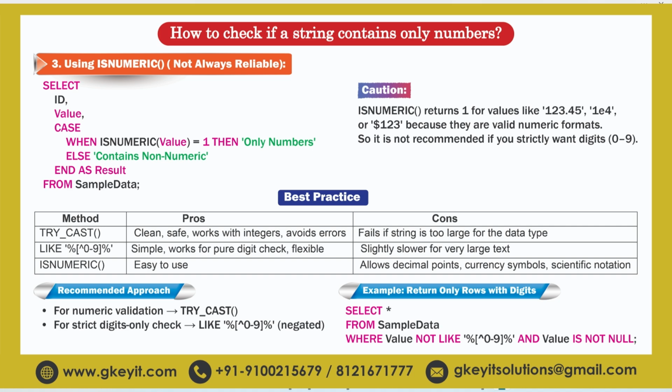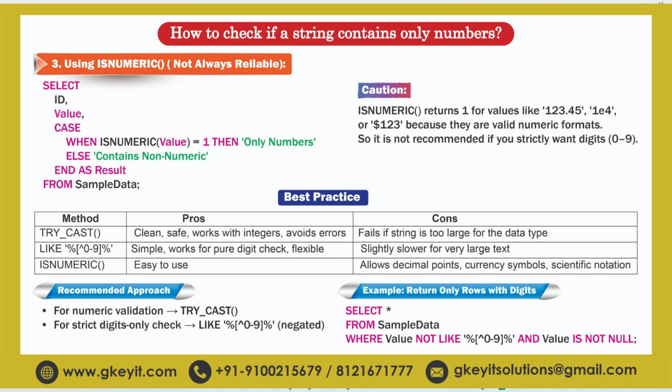The con is that it is slightly slower for very large text. Coming to the ISNUMERIC function, the pros are that it is easy to use, and the cons are that it allows decimal points, currency symbols and scientific notation.